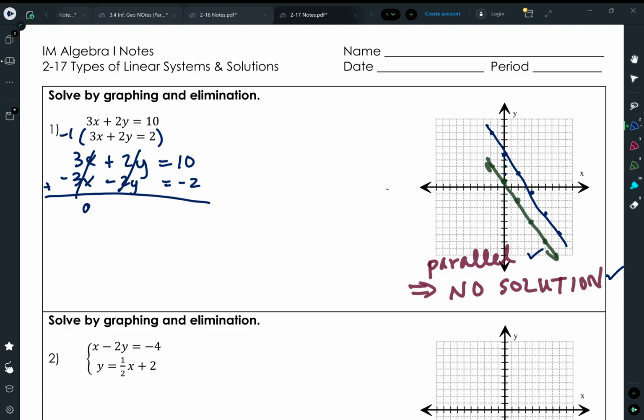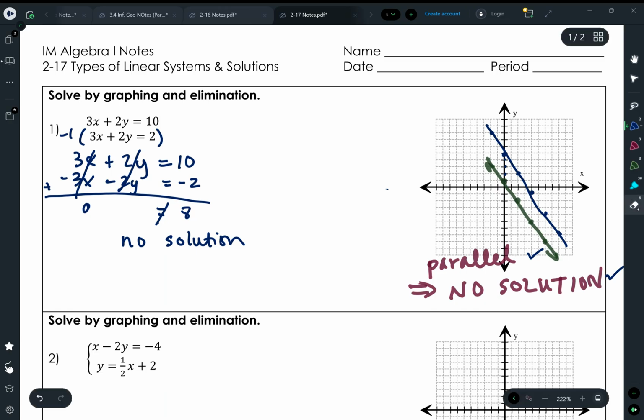My y's are eliminated. That also becomes a 0. So I have just 0 on the left-hand side. On the right-hand side, 10 minus 2 is 8. So because 0 does not equal 8, I also have no solution. So I could get this answer algebraically by working it out or graphically. It's really important today that we're trying to get these connections between all of these different things.